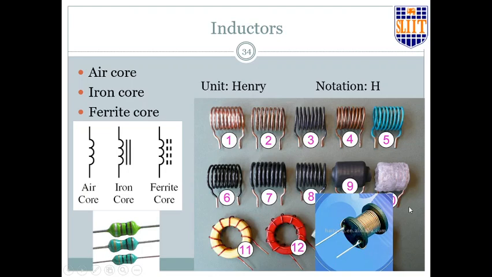So if the resistor has a blue background and the inductor has a blue background, you will be in trouble. So what you have to do is read this, and check with a multimeter, ohm meter, whether the resistance is equal to that many ohms. If it is not, this is an inductor. Right? That's the only way that we can find it out.